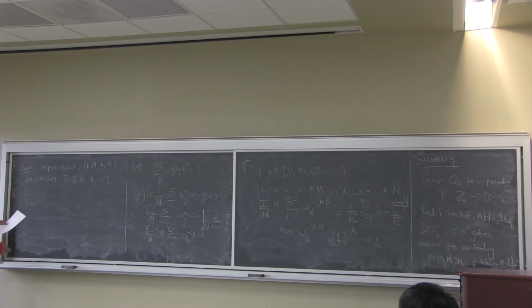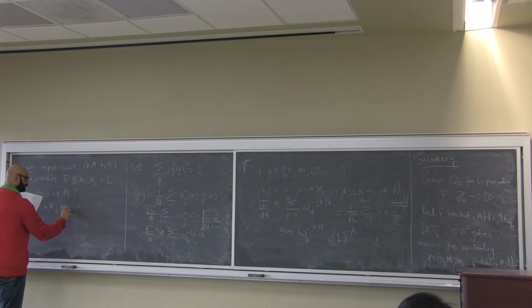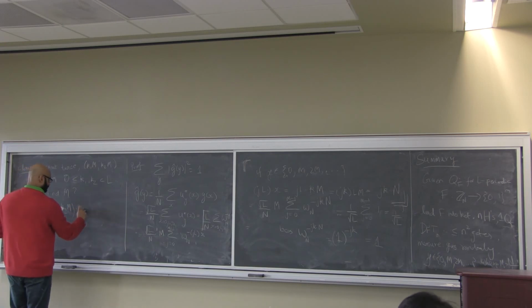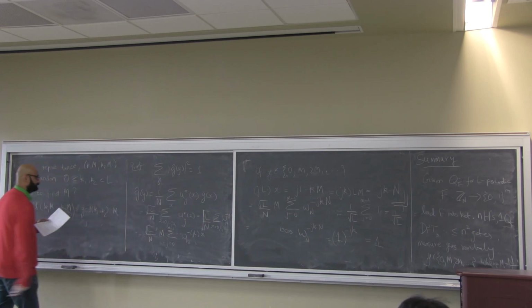Okay? So how do we find m? Simple. We use the GCD, greatest common divisor of k1 m and k2 m, which by the property of greatest common divisor is GCD of k1 comma k2 times m, right?